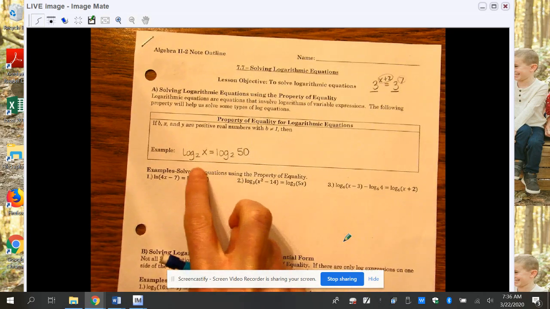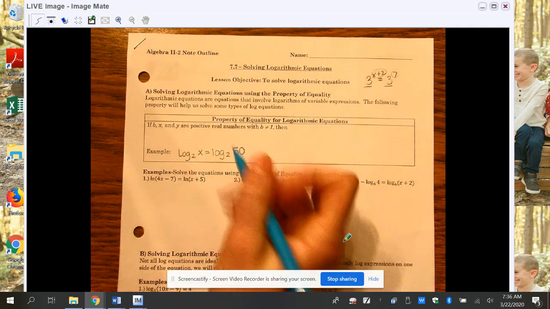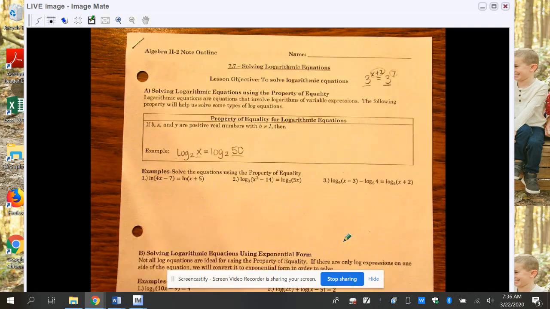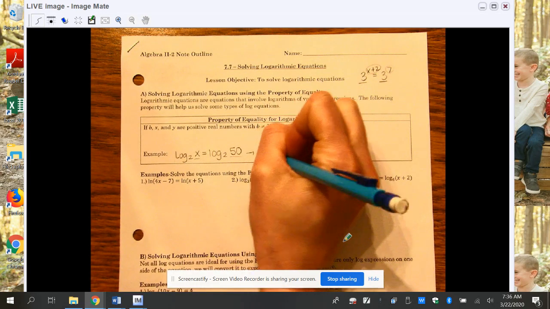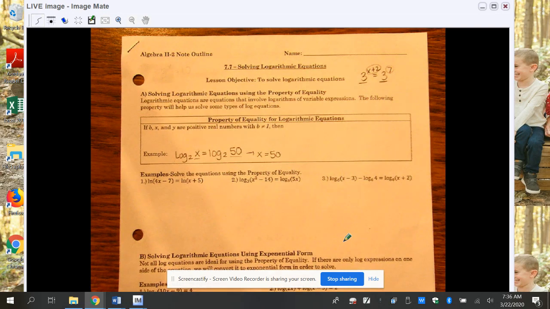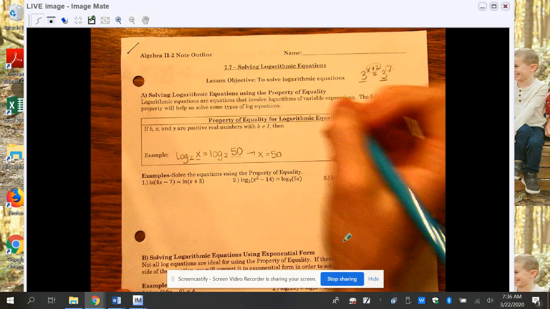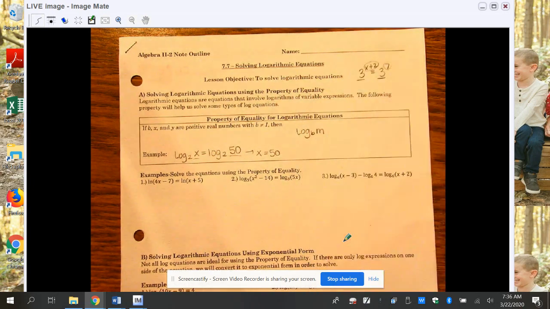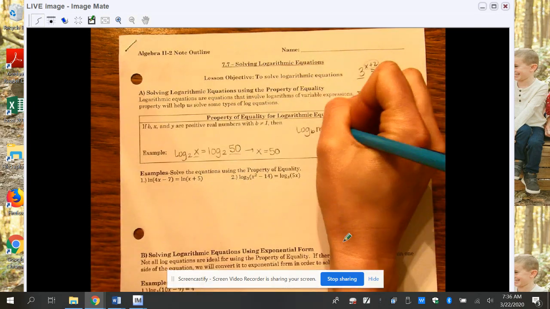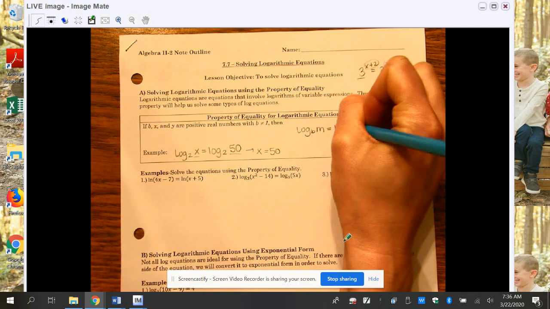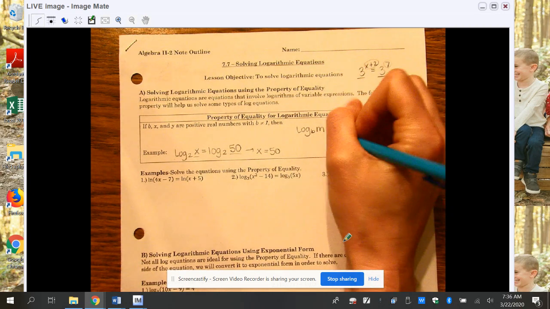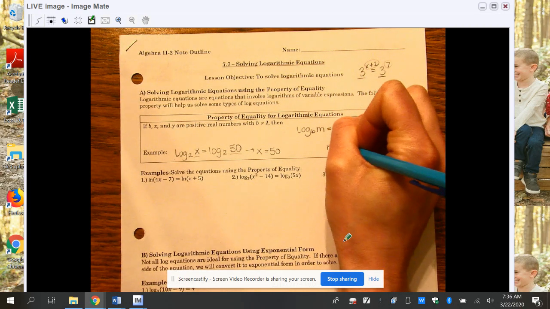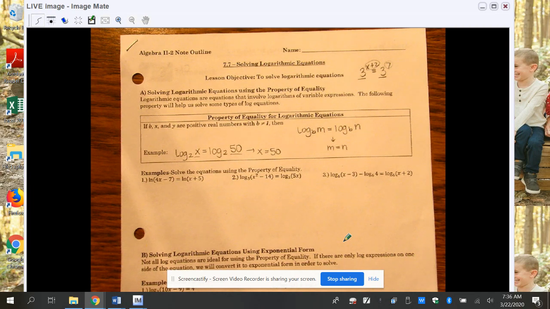So in order for these two values to be the same, that means that x and 50 have to have the same value. So x would have to be 50. That's called the property of equality. With variables, if I have an equation that's log base b of m equals log base b of n, then that means that m has to equal n.